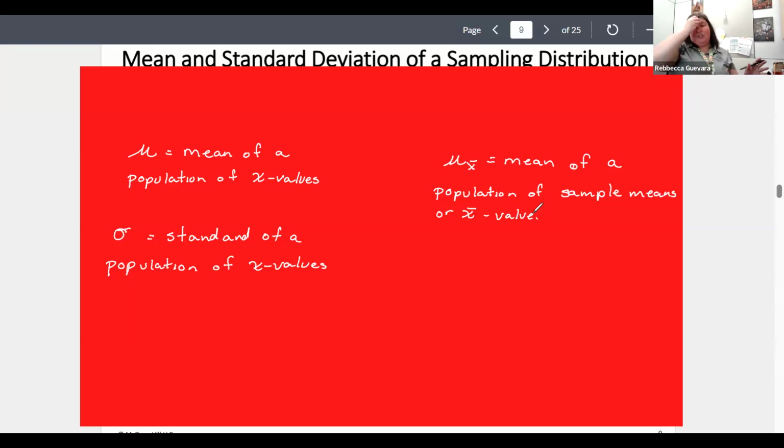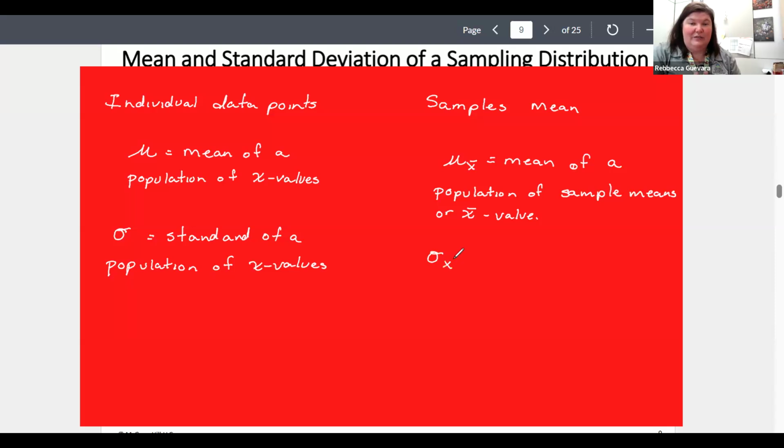So the only thing that's really changed here is that one is just looking at individual data points. And what we did here is that instead of individual data points, we're looking at samples. That's really the big difference here. And not just samples, but means of samples. So when we talk about this, it's a mean of means.